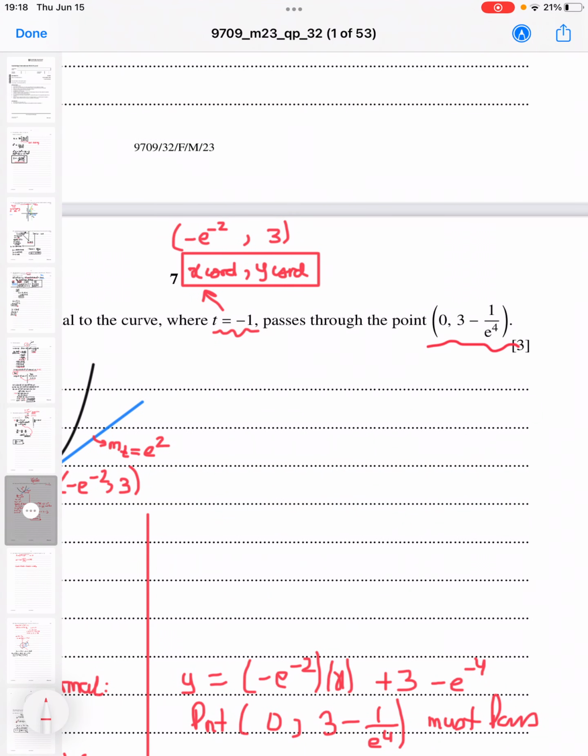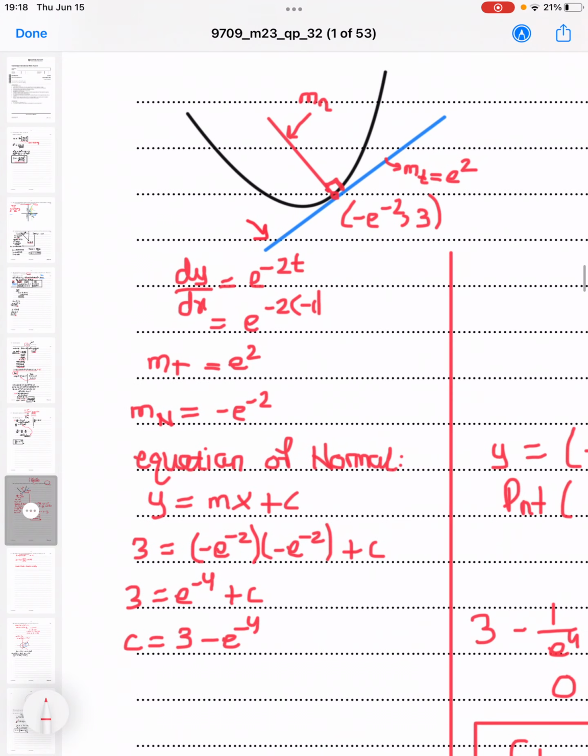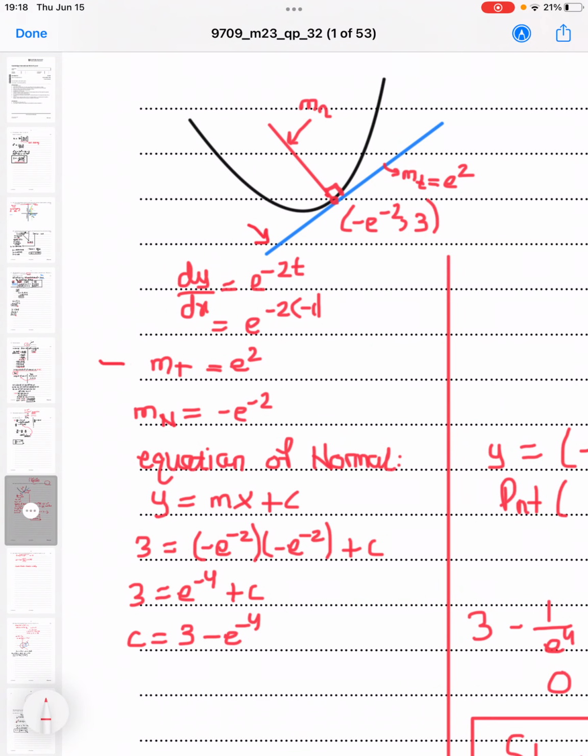So first our objective must be to find the gradient of the tangent and then we need to find the gradient of the normal, and as we know the coordinate passing through the normal, which is this coordinate, we can find the equation of the normal and then we can plug in these coordinates to satisfy the equation. So that's how it's done. The tangent gradient is e squared, the normal gradient is the negative reciprocal, minus e raised to the power minus 2.